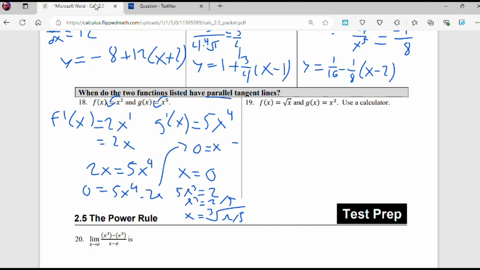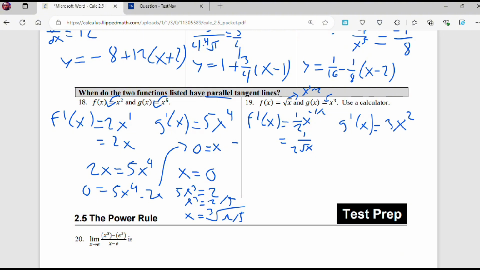F prime of x, this is x to the 1/2. Move the 1/2 to the front. 1/2 minus 1, negative 1/2, equals 1 over 2 square root x. G prime of x, bring the 3 down. 3 minus 1 is 2.